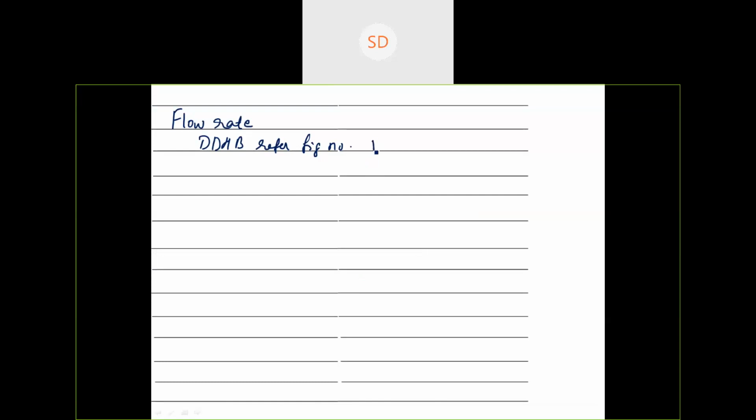Now flow rate. To calculate flow rate, you refer to the design data handbook. Refer to figure number 15.13 here. Already I calculated the value of S. It is 7.62.